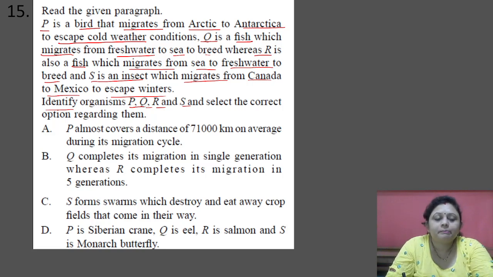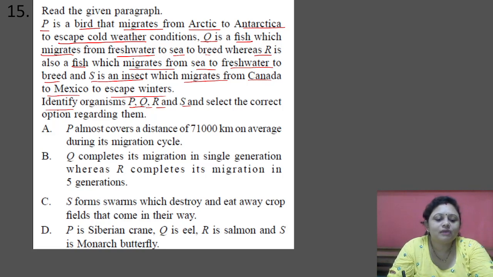Options are A. P almost covers a distance of 71,000 km on average during its migration cycle. B. Q completes its migration in a single generation whereas R completes its migration in 5 generations. C. S forms swarms which destroy and eat away crop fields that come in their way. D. P is Siberian crane, Q is eel, R is salmon and S is monarch butterfly.